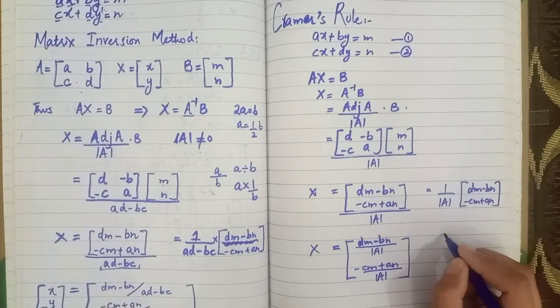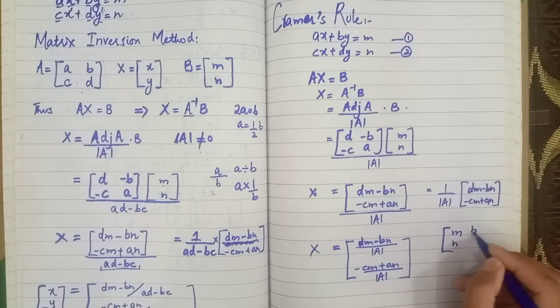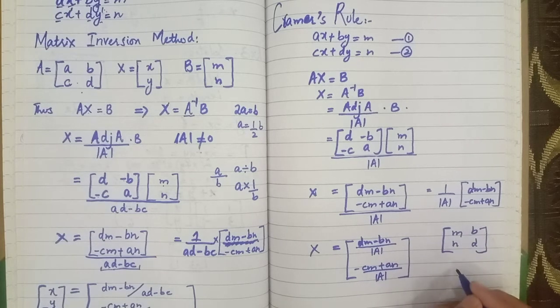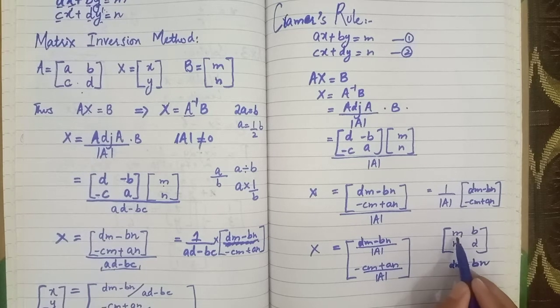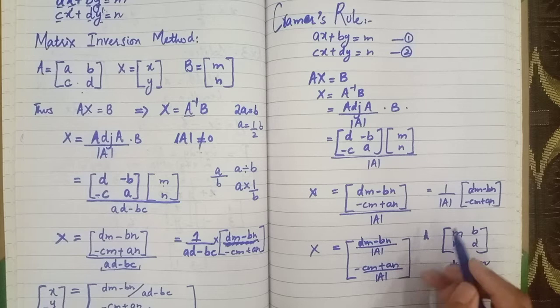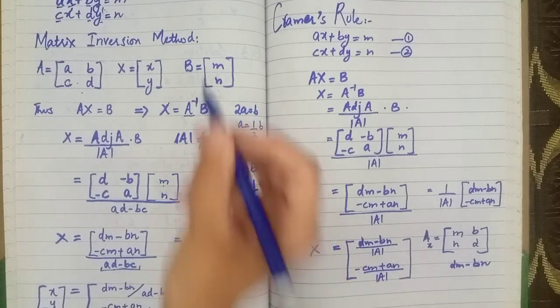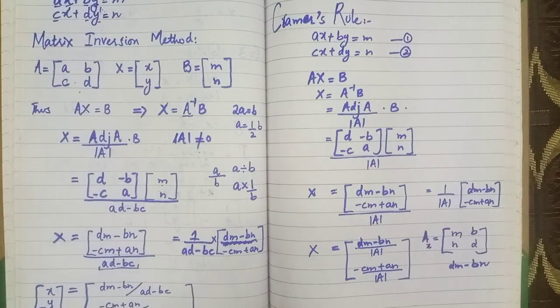Check it out. In matrix A, I'm going to change the first column a, c into m, n. See this: md or dm minus bn is the determinant of this matrix. I will name it Ax. I am saying that this matrix is called Ax. Now, if I change this column into mn, what would happen?